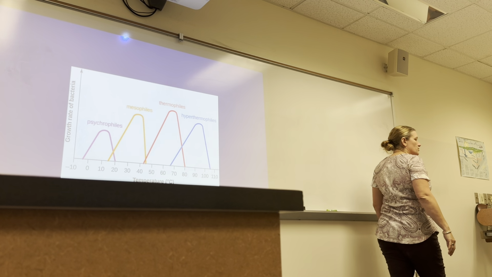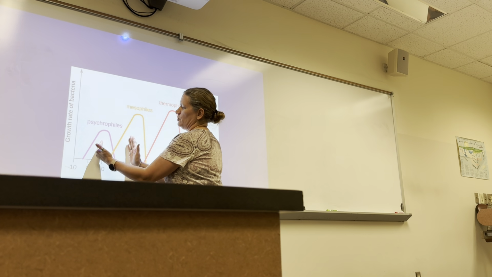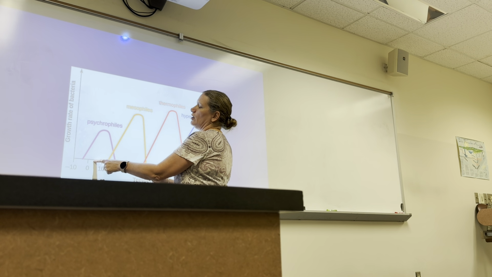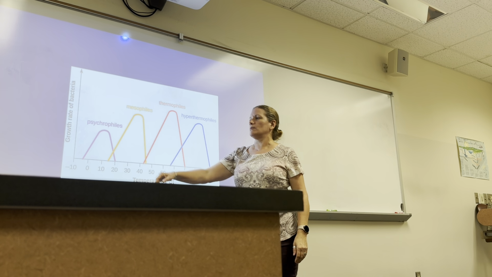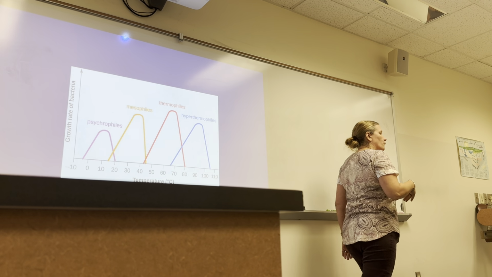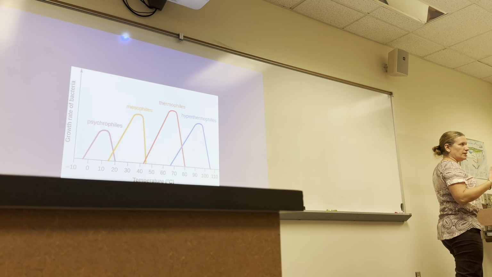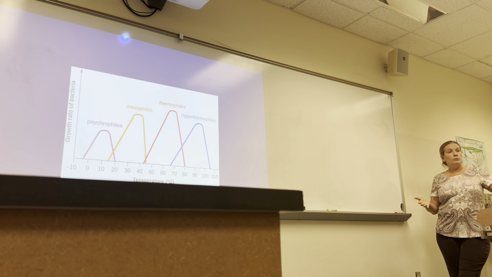The psychrotrophs are kind of the in-between. They sit kind of in between here and here. So they don't grow below freezing, but they sit right there. And those are the organisms, more often than not, you're talking about when you see something coming out of the fridge and it's growing, because their optimum temperature is usually around 20, room temperature.